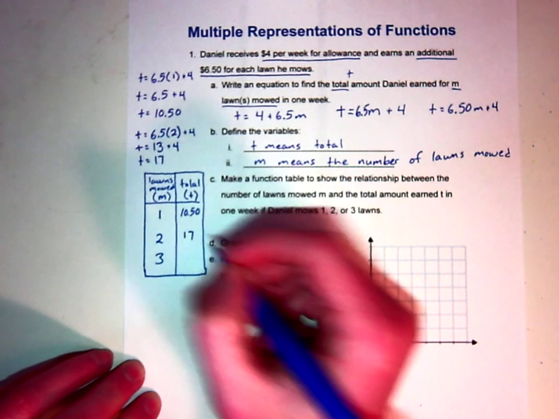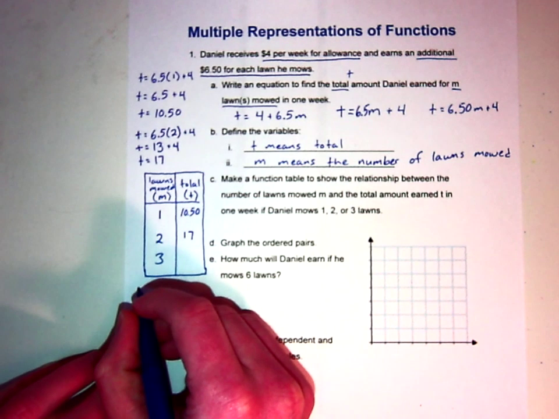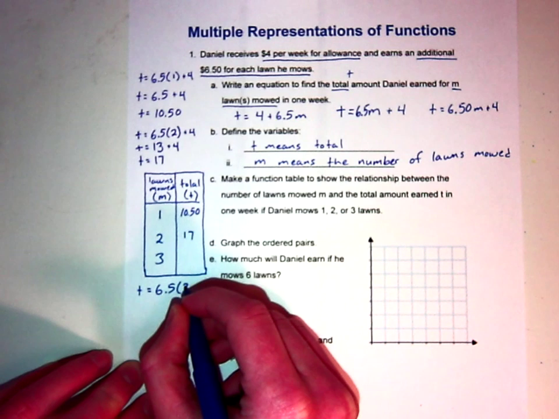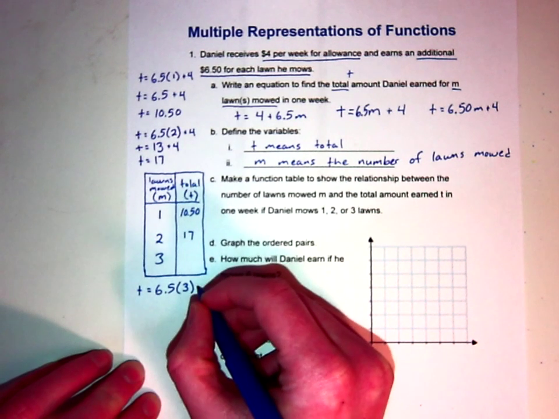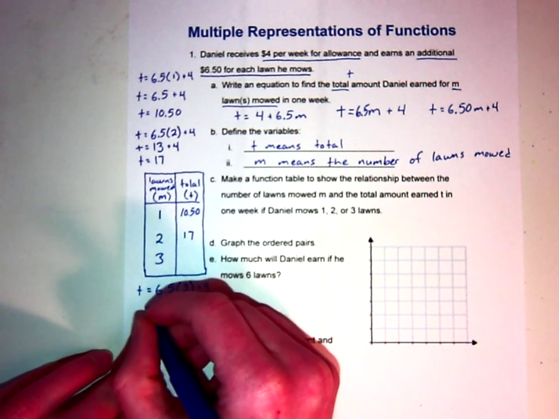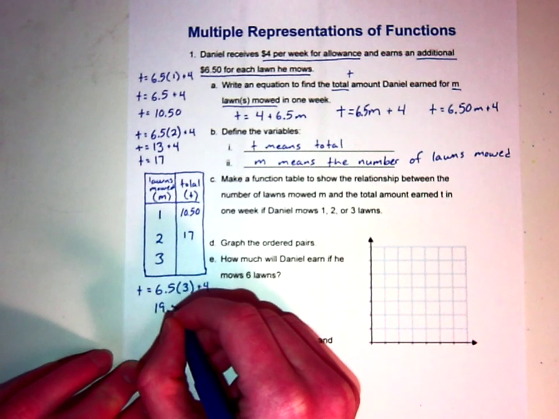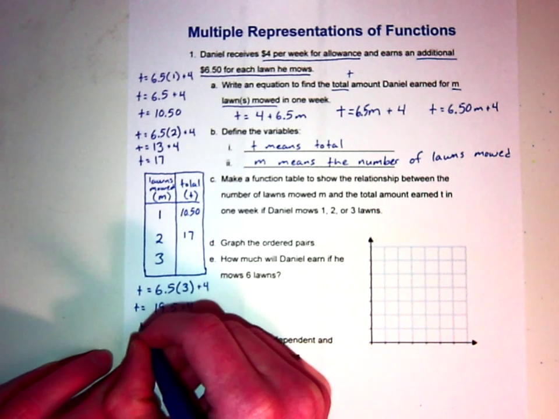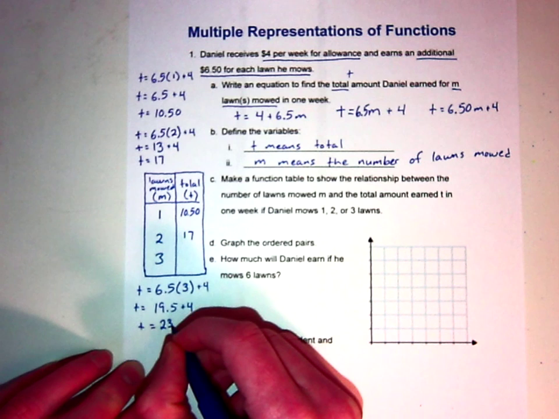And let's do the third one. We have T equals 6.5 multiplied by 3, plus 4. That's going to be 19.5 plus 4. T equals 23.5.